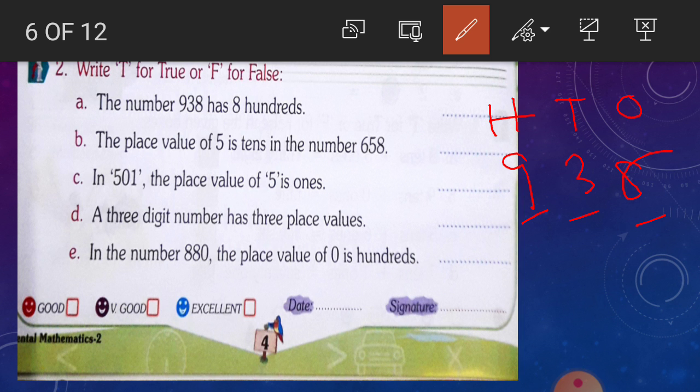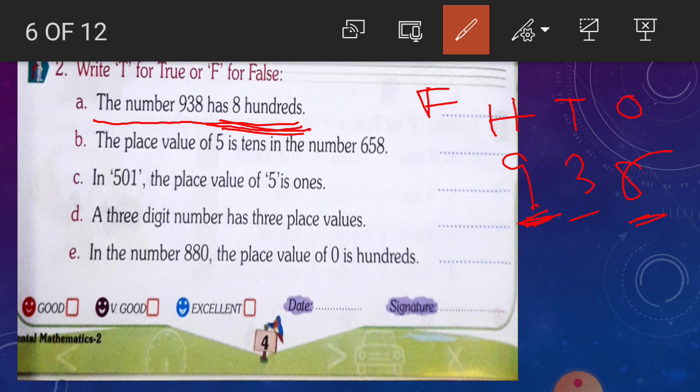So now look at the sentence given here. The number 938 has 8 hundreds. You can see children here 9 is at hundreds place. So the number has 9 hundreds, not 8 hundreds. So this one is false.